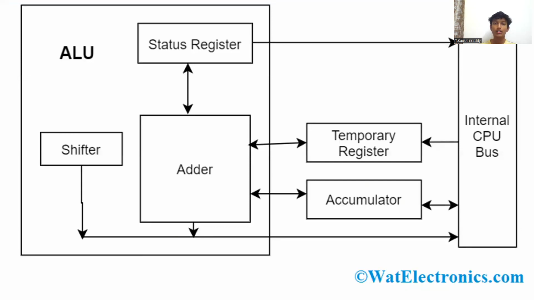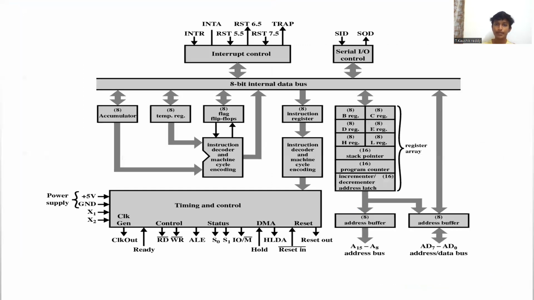Next, here is a basic rough diagram for the instruction set. ALU, shifter, status register, adder, temporary register, and the accumulator are used, along with the internal CPU bus. So we know that there are different types of buses, like data bus, control bus, address bus, etc. In this diagram: INTA, INTR, RST, the interrupt control, serial input output control, and the 8-bit internal data bus, as we learned in the previous slide.